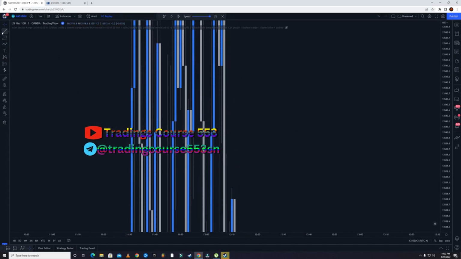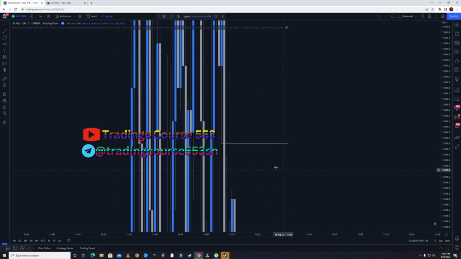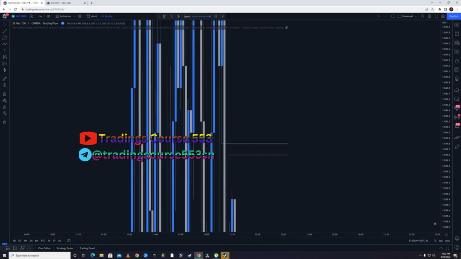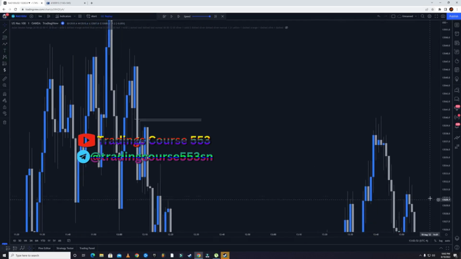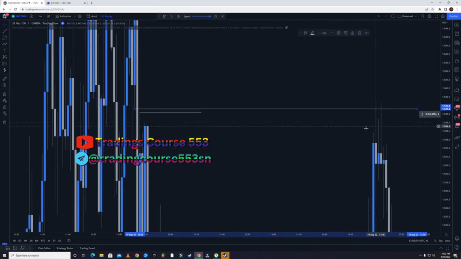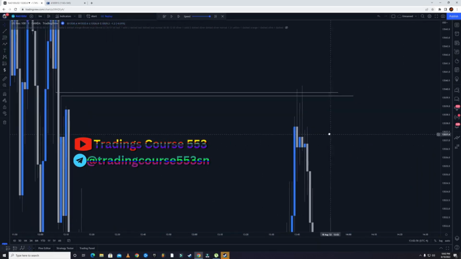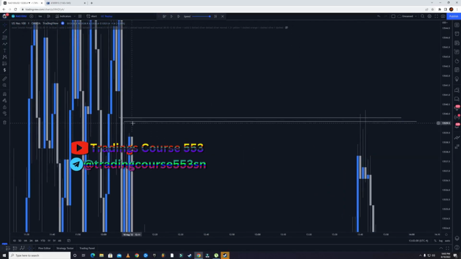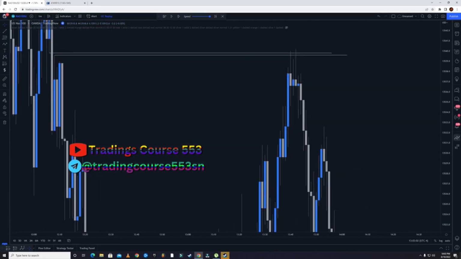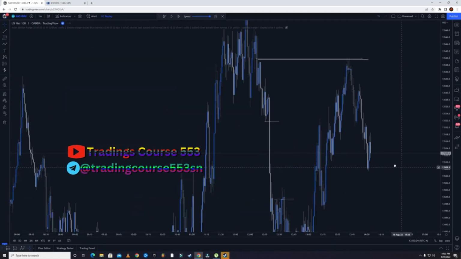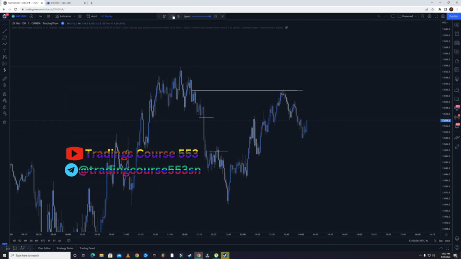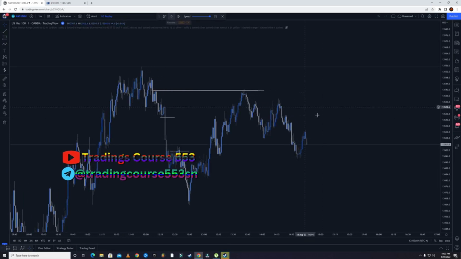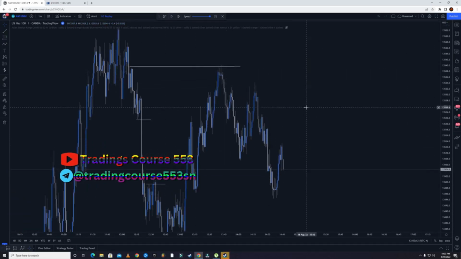And then you can see we got this gap, and price must fill this level. If we draw this out, you can see how perfectly price filled the imbalance here, made the price fair, and then it went down all the way down. Let me play this out for you. Yep, so it went all the way down.